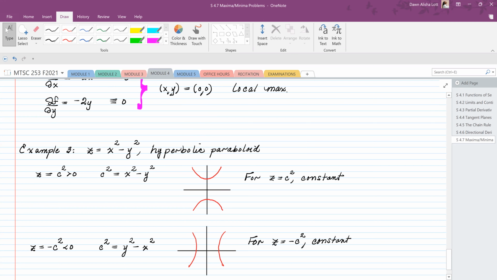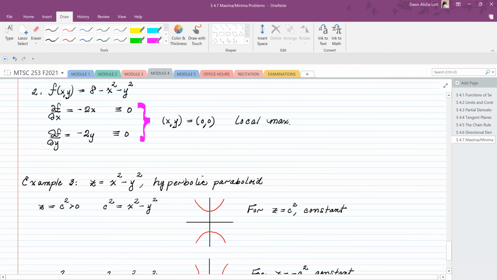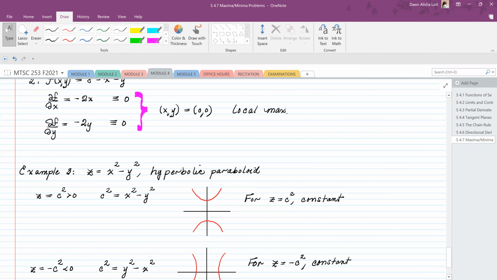So I did that wrong. These are backwards. Because I switched them. Yeah. Okay, let me just switch it back. This is supposed to be y squared minus x squared. And then this is supposed to be y squared minus x squared.